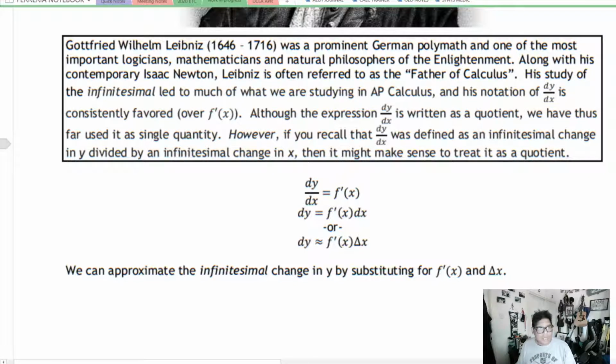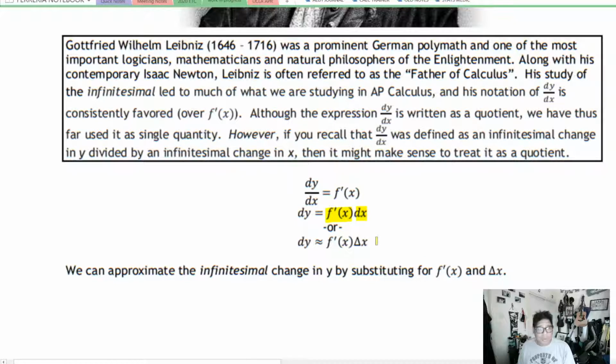So we can see over here we've got dy dx equal to f prime of x. And then if we treat that as a quotient, we can actually multiply both sides over here by dx, separating the dy dx. And what that says is that an infinitesimal change in y is equal to the derivative multiplied by an infinitesimal change in x.